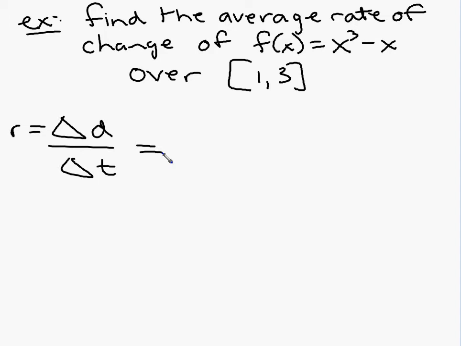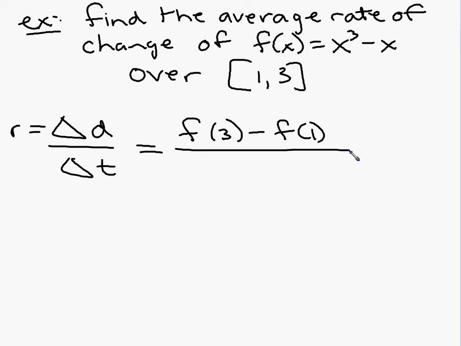So what I'm going to do is find f of 3, and subtract f of 1 on the top, because I'm trying to find how far I went. And in this case, we're doing that in relation to a function. On the bottom, it's the change in time. So that's just 3 minus 1.